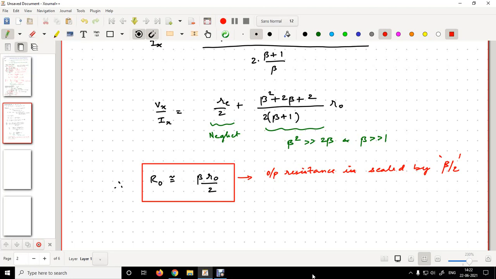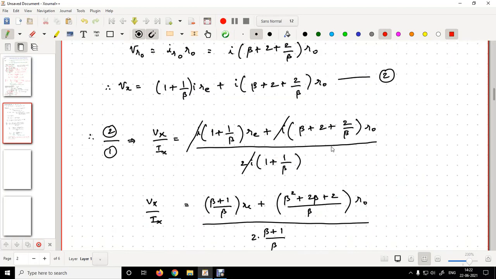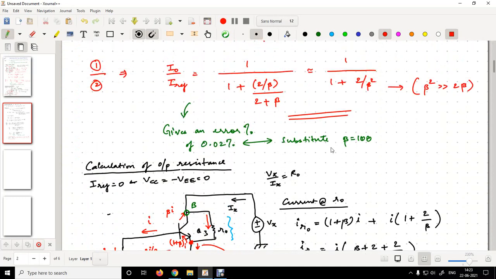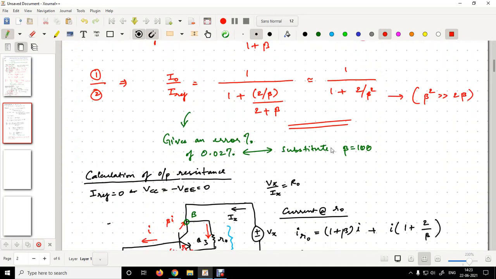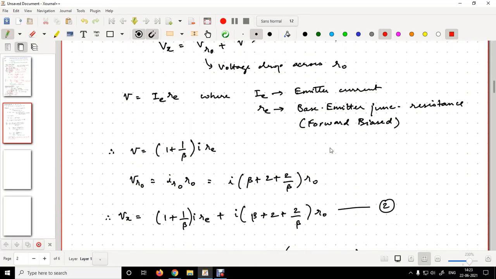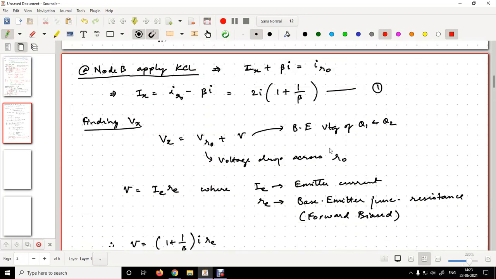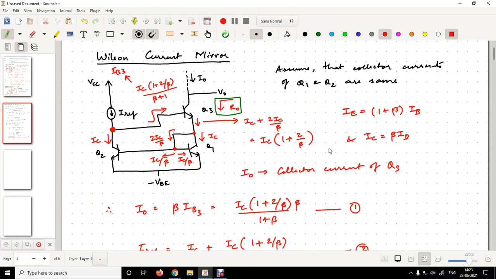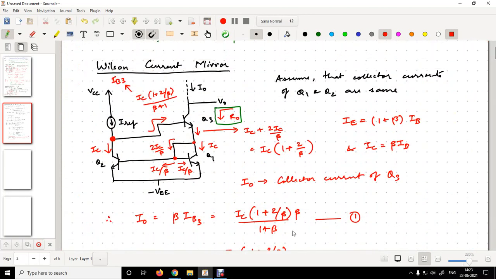So your Wilson current mirror provides both the advantages, increases the accuracy as well as increases the output resistance, right? But there is a problem here, a drawback you can say. If you look at the main diagram, this Wilson current mirror diagram, the assumption we have made is both the collector currents at Q1 and Q2 are same, right?